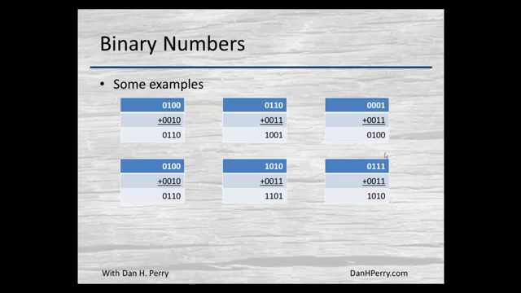For the last example, we've got a 111 added to a 11, so we've got a 1 and a 1 gives us a 0 with a carry. Let's try that again.